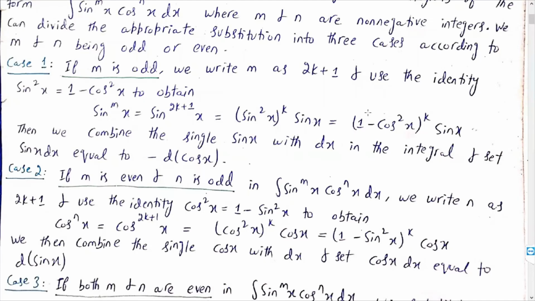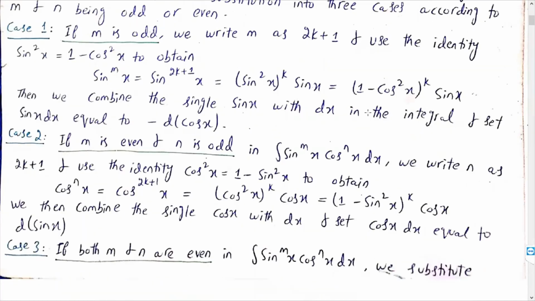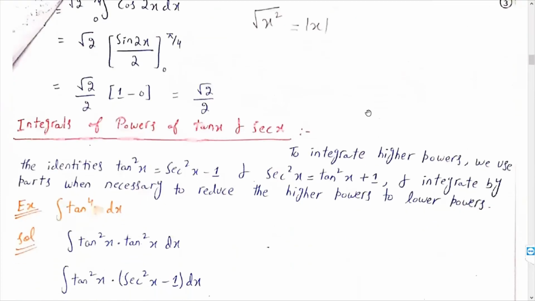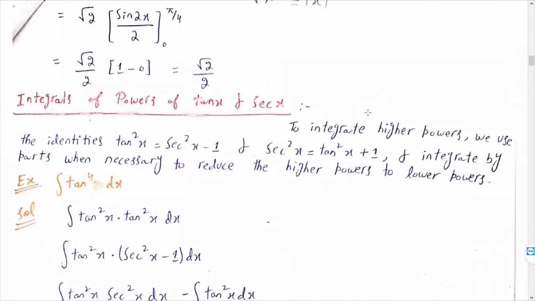Okay, now integrals involving power of tangent and secant. Tangent and secant follow the same pattern depending on the parity of powers. If the power of tan is odd, then perform the simplification expanding out every tangent squared as secant squared minus 1.